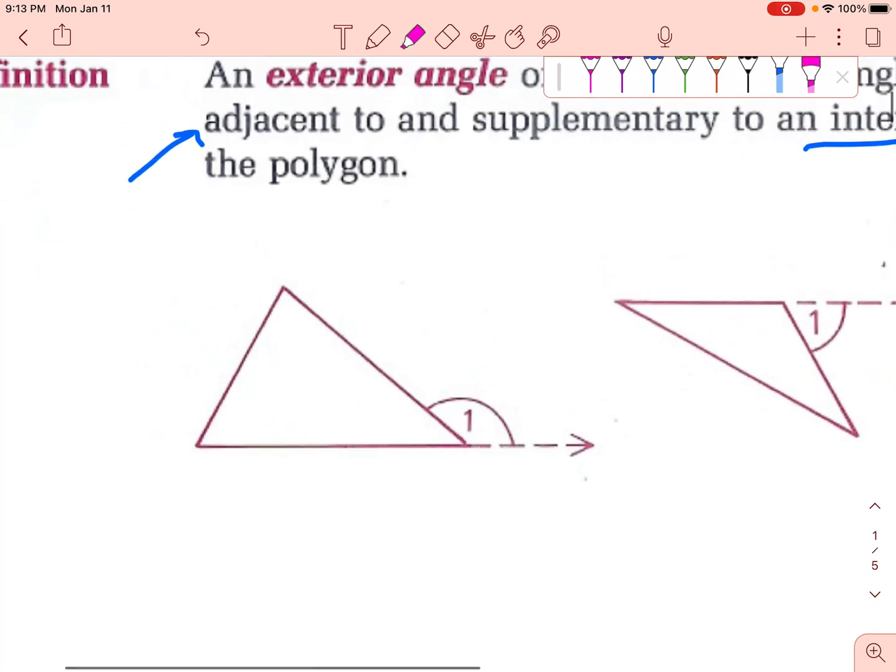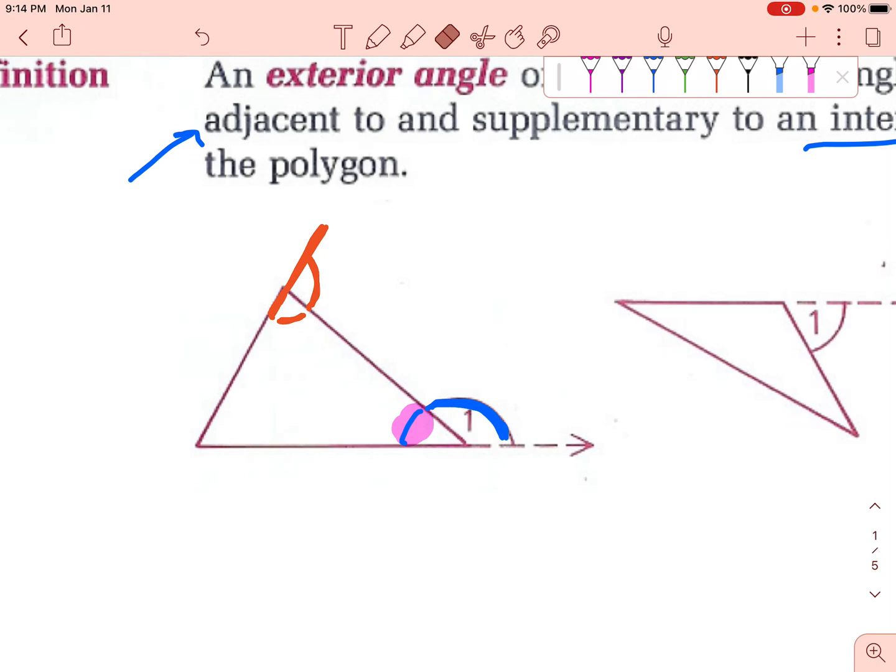So if I'm just zooming in here, this is one of my inside angles. This angle right here is next to the pink angle, and it's also supplementary to it. So we consider that an exterior angle. If I were to extend this line, this is my exterior angle. Again, it's supplementary to the interior angle, and it's adjacent to it. So that is considered an exterior angle.